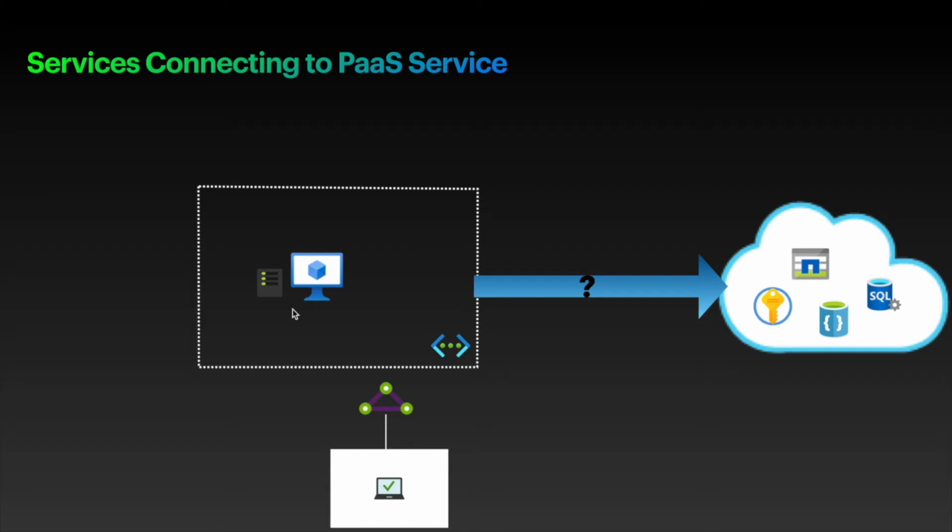But there are some cases wherein you do not have the option initially and you need to connect to some services on public IP addresses. For example, if you want to connect to the key vault, storage account, or Azure SQL server, you have no choice but to connect over the public IP address, because these are PaaS services hosted by Microsoft Azure on a public IP address.